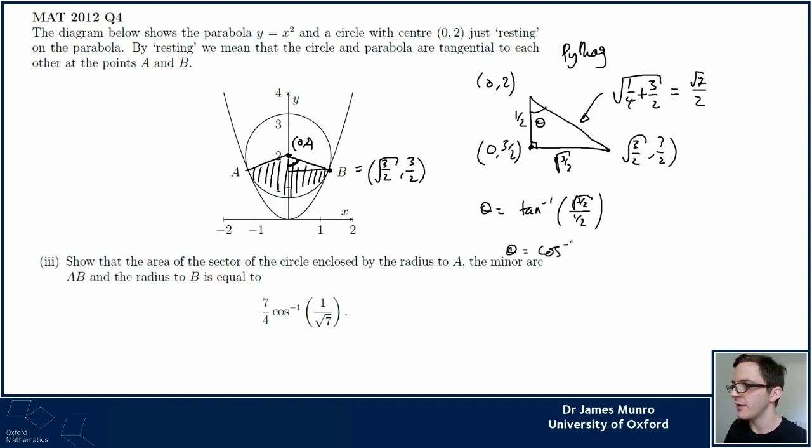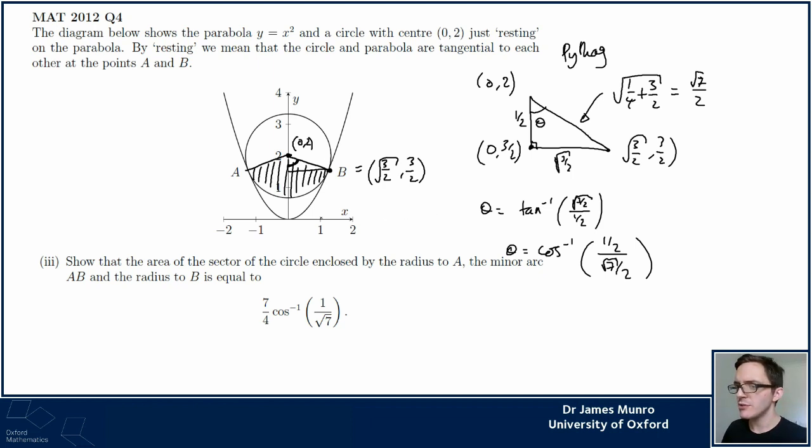It's going to be inverse cos of adjacent over the hypotenuse, root 7 over 2. I had to do this step of finding the hypotenuse using Pythagoras just because I wanted to think about the cos of the angle. Cosine of the angle is the thing in the question. Slightly awkward.